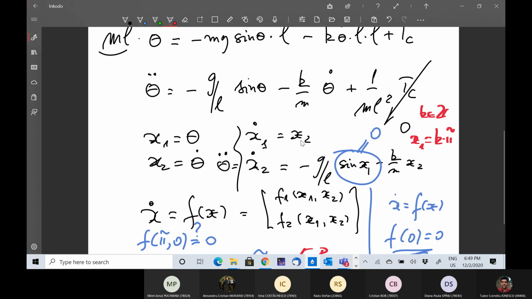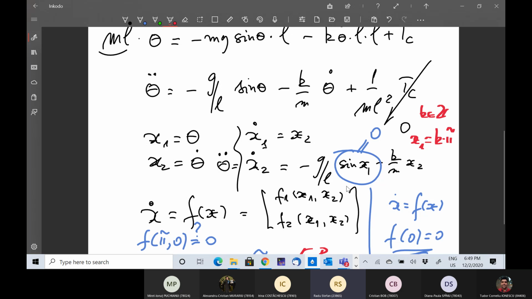We're in the following situation. x2 is 0, so x1 dot is 0. x1 is constant, it has a value, let's say x1 star. But the derivative of x2 is also 0 because x2 is constant.